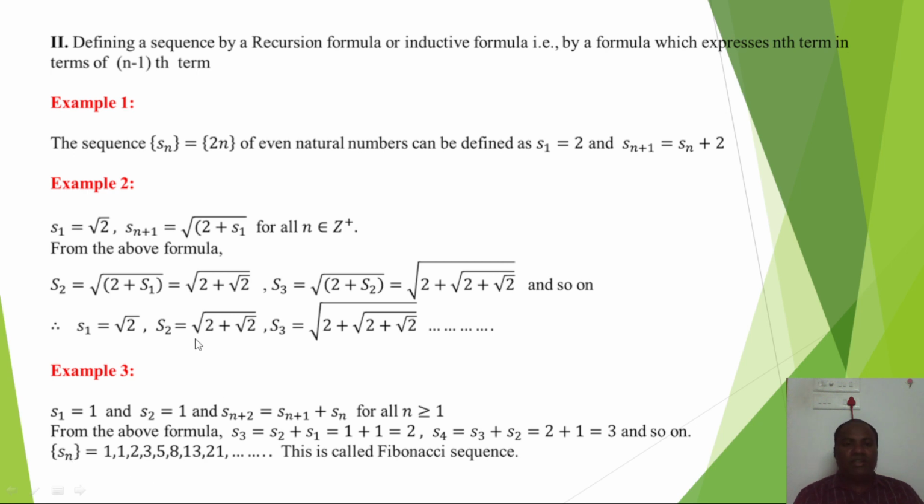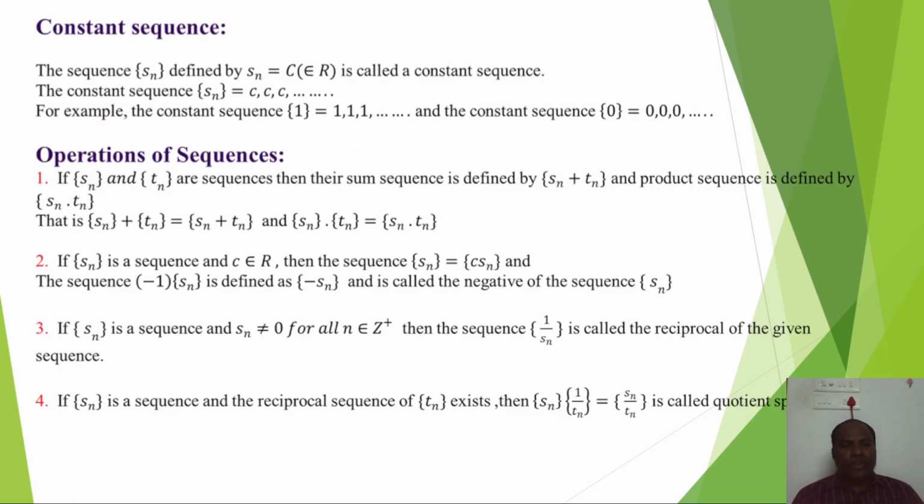Like that, in example 1, example 2, and example 3, we define sequences by a recursion formula. This is called the Fibonacci sequence 1, 1, 2, 3, 5, 8, 13, 21. Like that we define sequences, and also we define some types of sequences. Constant sequence: a sequence Sn defined by Sn is equal to C, where C belongs to the real numbers, is called the constant sequence.